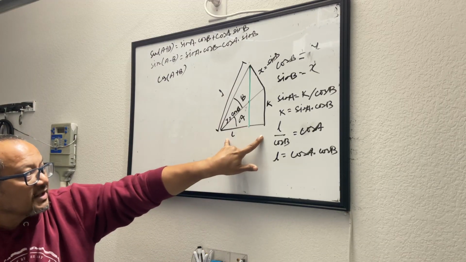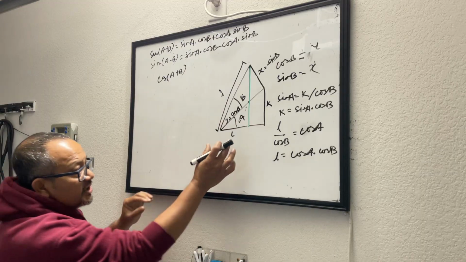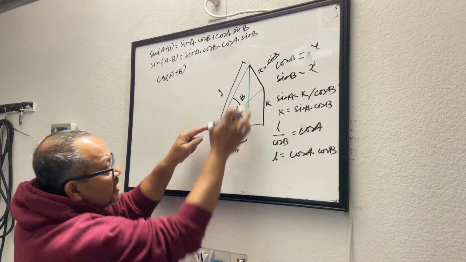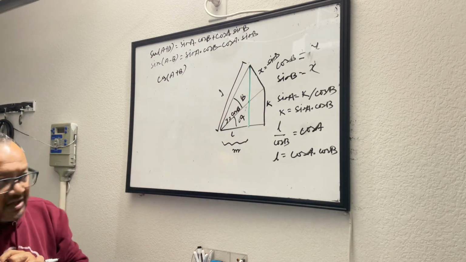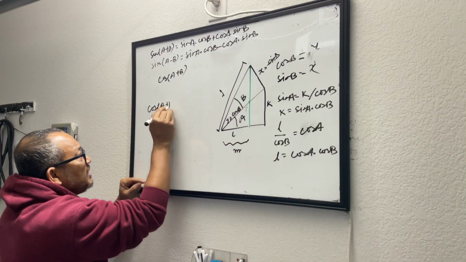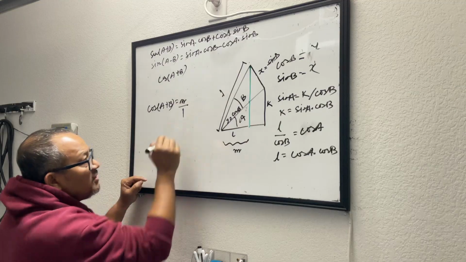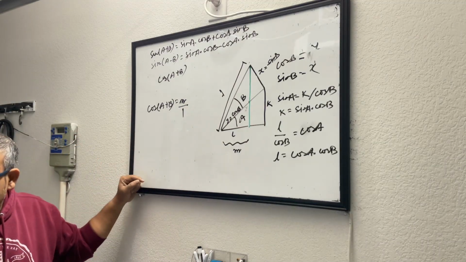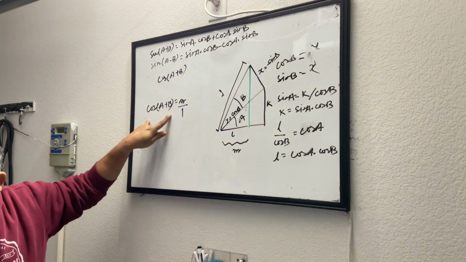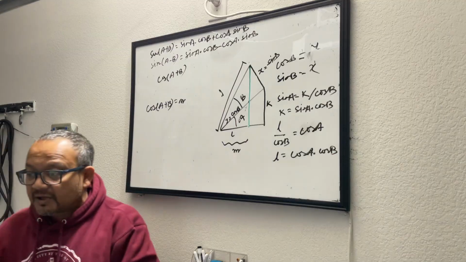So I'm just continuing with that. We found this length. What we have to find is cos of A plus B. Let's say this length is M. I'm looking at the green triangle right now. So cos of A plus B would be equal to this length M divided by hypotenuse, which is 1. That means this length would be cos of A plus B. But right now we have a problem of surplus.